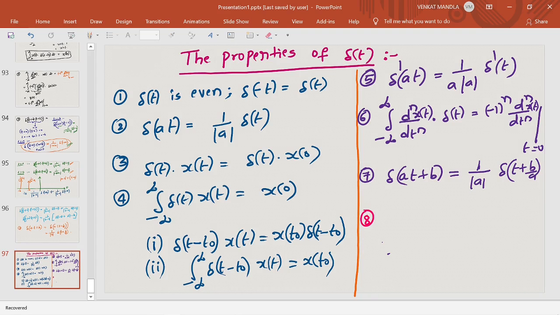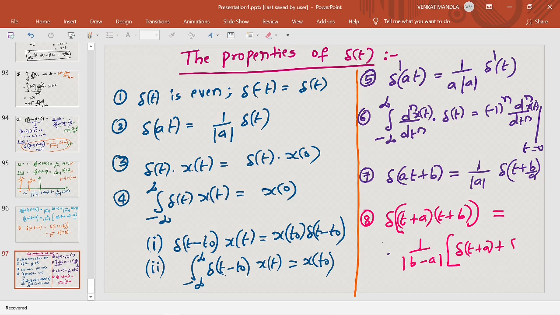This is the eighth one, del of t plus a into t plus b equals 1 by b minus a into del of t plus a plus del of t plus b. Okay. These are all the properties.